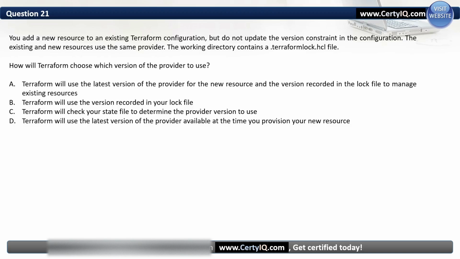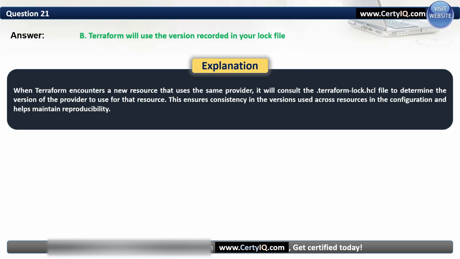The correct option is B. Terraform will use the version recorded in your lock file. When Terraform encounters a new resource that uses the same provider, it will consult the .terraform.lock.hcl file to determine the version of the provider to use for that resource. This ensures consistency in the versions used across resources in the configuration and helps maintain reproducibility.